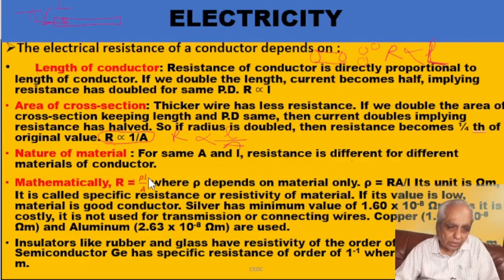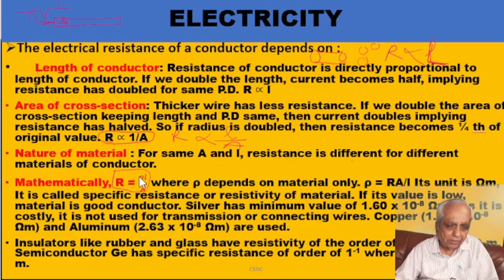This rho is called specific resistance, so I get the formula R is equal to rho L upon A. Now this specific resistance depends on the material of the wire. Resistance depends on length, that is separately covered. Resistance is inversely proportional to area, that is separately covered. So specific resistance only depends on the material of the wire. So its value is different for different materials.